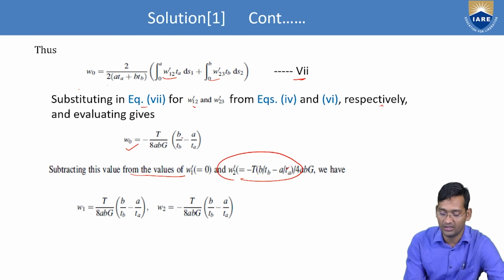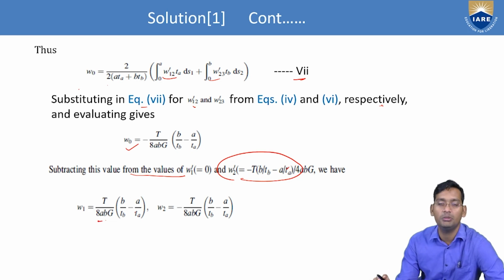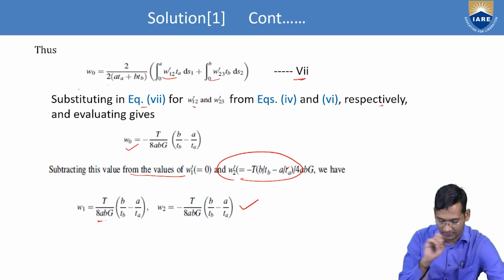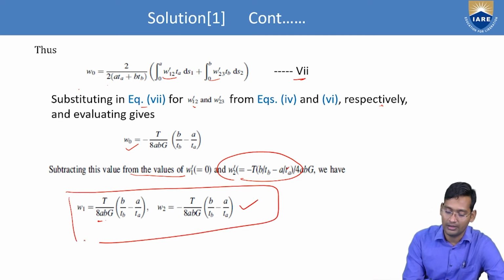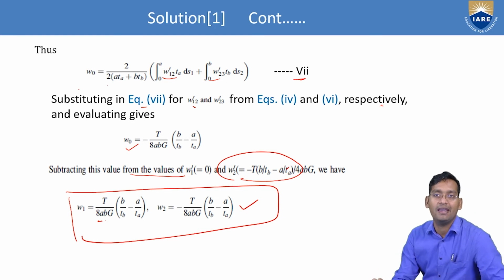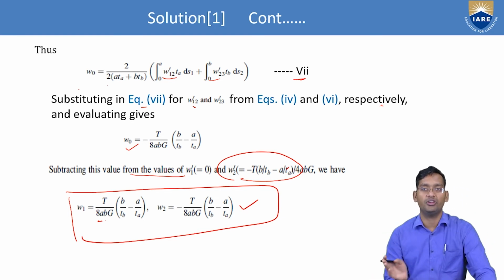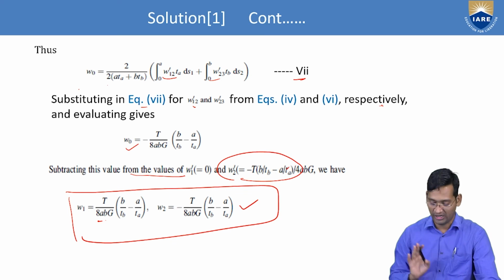After subtracting, what will we get? W1 equals T by 8ABG into (B by TB minus A by TA). Then W2 will be minus T by 8ABG into (B by TB minus A by TA). So this is the final warping distribution of W1 and W2, and it's all symmetric. So we can say for the other side also that will be the same.